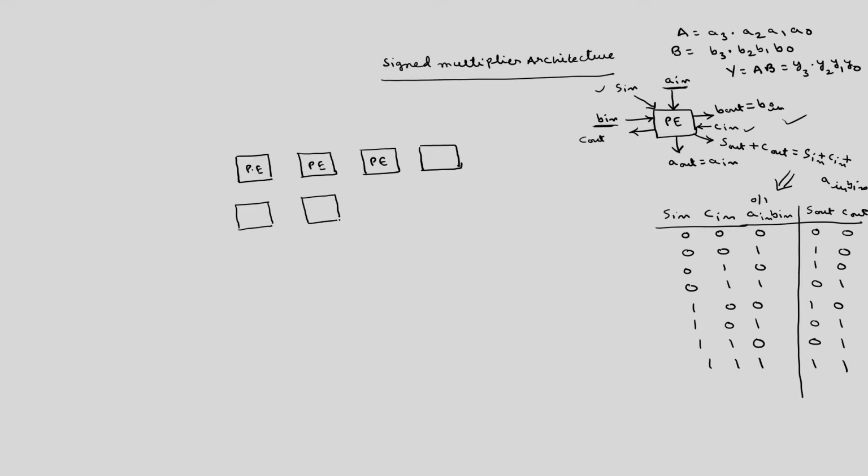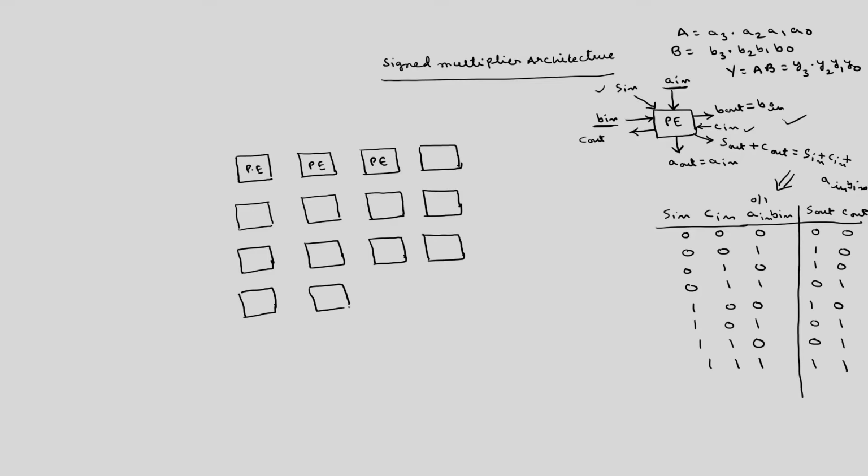This particular array is called a systolic array. We have a total of 16 such processing elements. I will explain the operation with the help of the algorithm that we developed in the last lecture. These are the 16 processing elements.